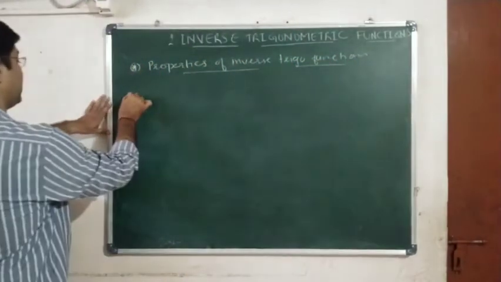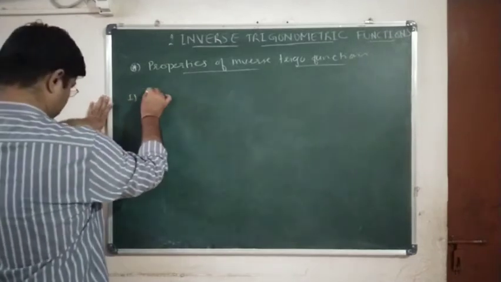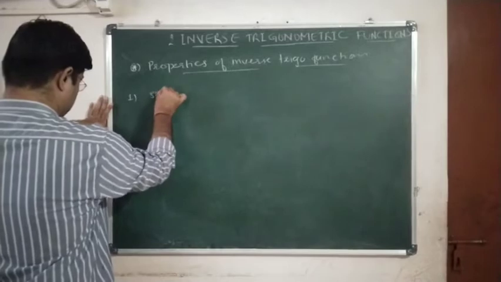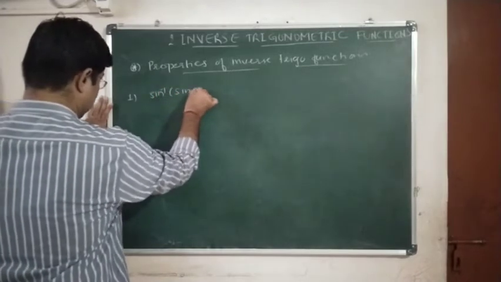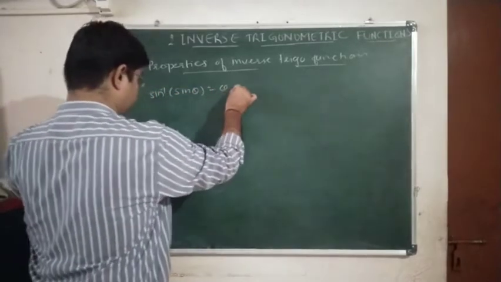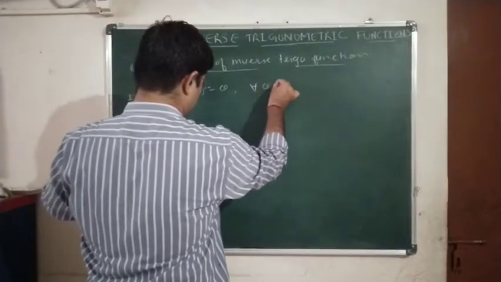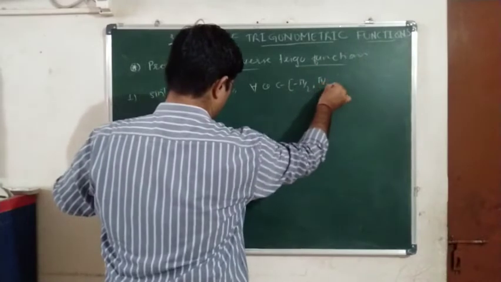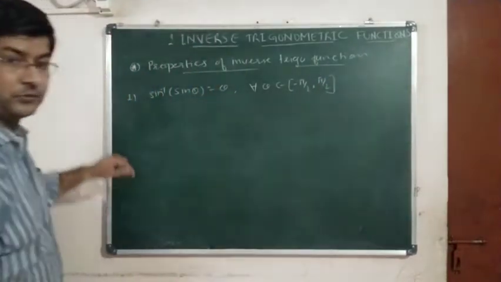Okay, here property number 1. Sine inverse of sine theta is equal to theta for all theta belongs to minus pi by 2 to pi by 2.